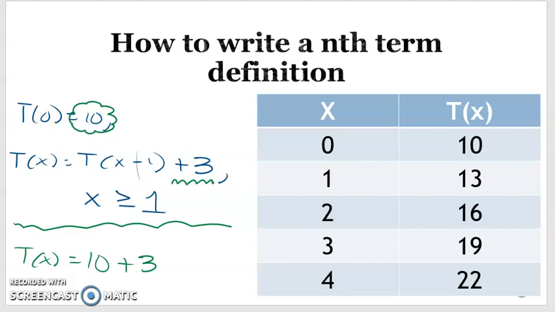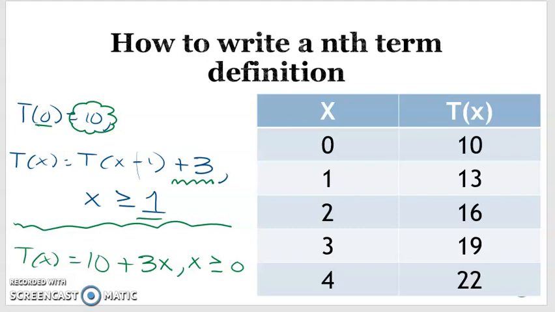So we are repetitively adding 3, which is why it's going to be 10 plus 3 times x. But we want to bring in the 0 and the 1 at the same time, and that's why at the end we say x is greater than or equal to 0, because this is setting us up to handle either case that we have here.